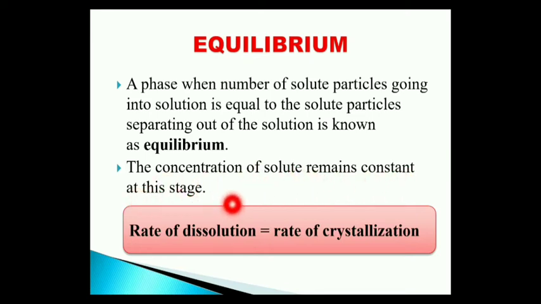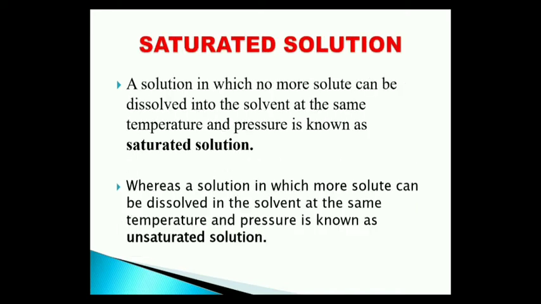At given temperature and pressure, the concentration of the solute remains constant at equilibrium. Okay, so at equilibrium, rate of dissolution is equal to rate of crystallization. Now we have understood what happens at equilibrium, at dynamic equilibrium.